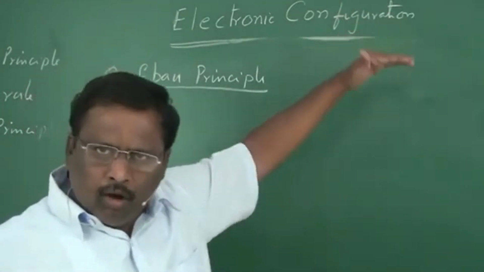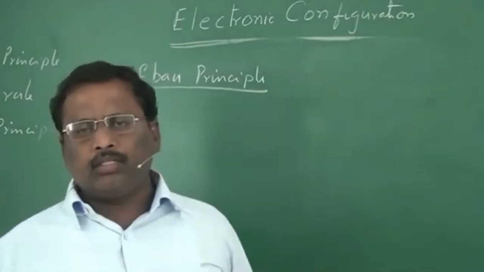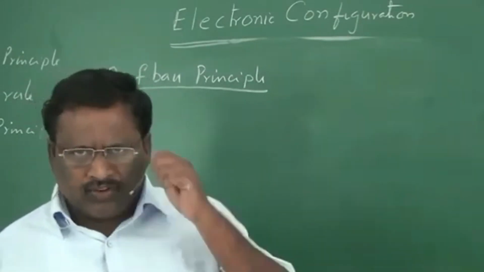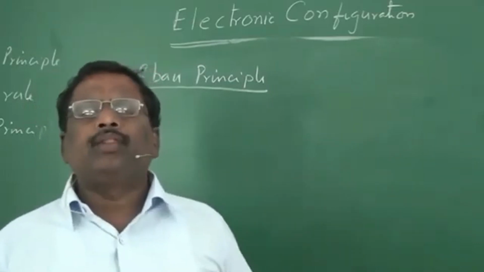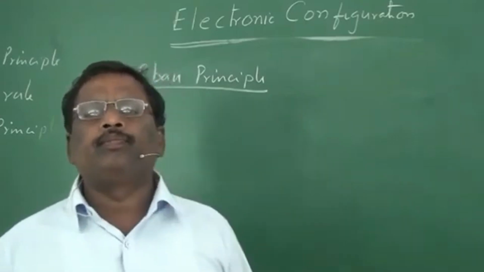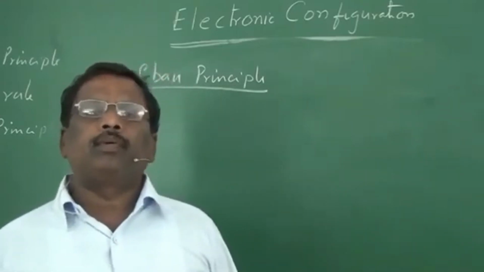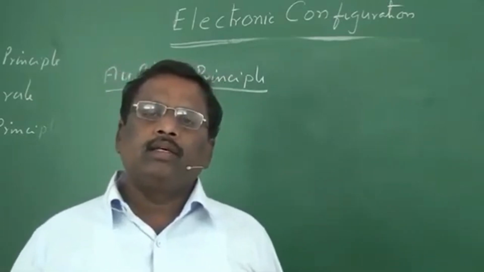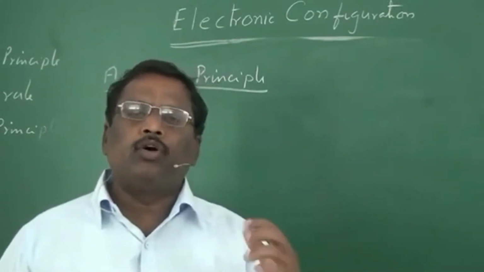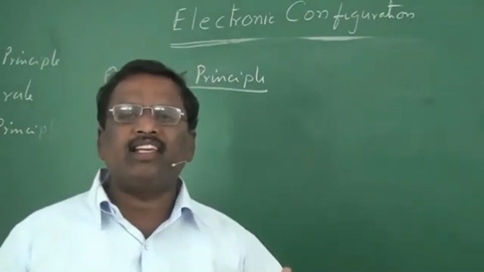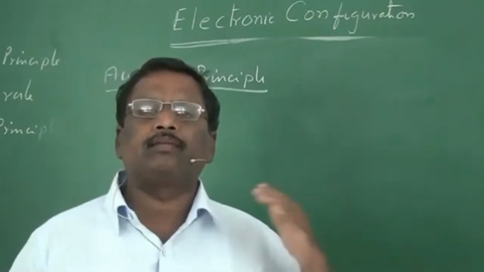So in all these available orbitals, the first electron should first enter into the orbital with the least energy. That is the Aufbau principle. The Aufbau principle tells us that in the available orbitals, the orbital with least energy will be filled first.